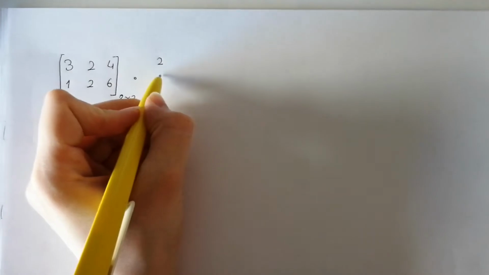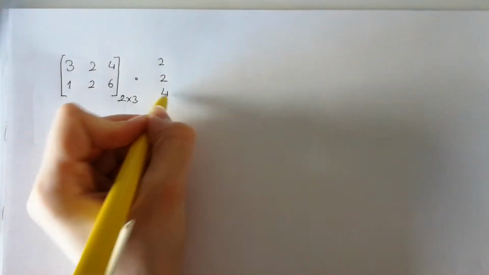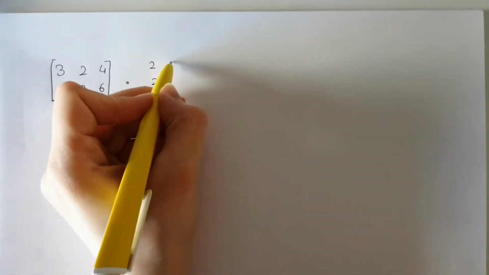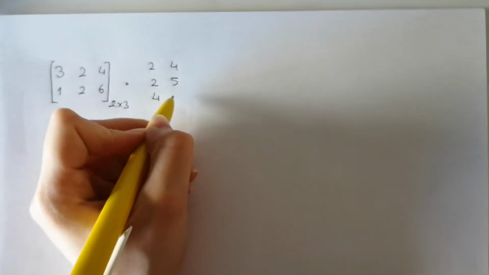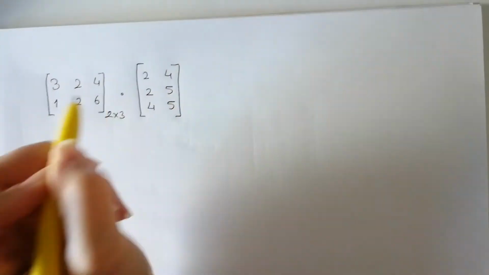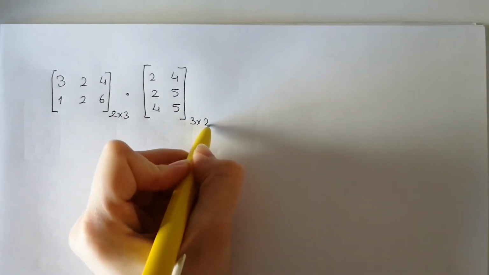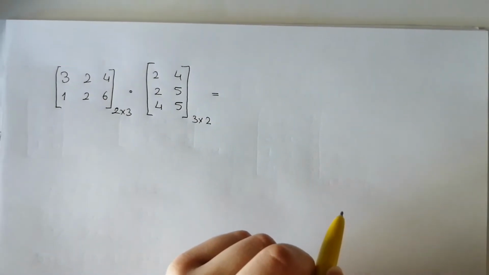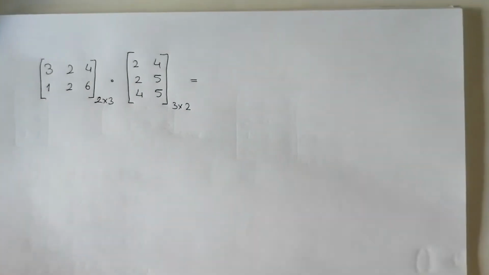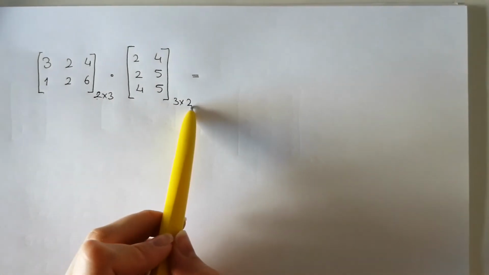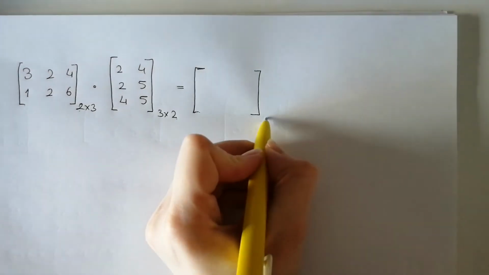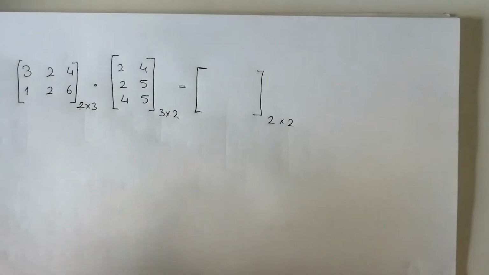Let's begin with 2, 2, 4, and let's let it have 2 columns, 4, 5, 5. So this is a 3 by 2 matrix, and the final matrix that we'll get from this multiplication will be a 2 by 2 matrix.